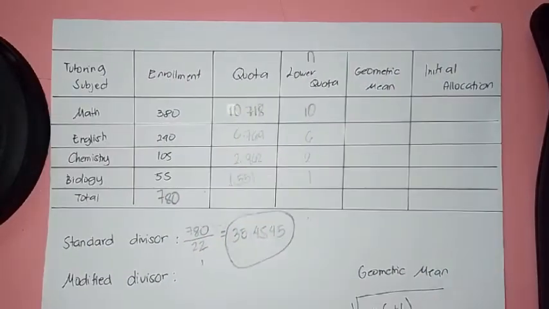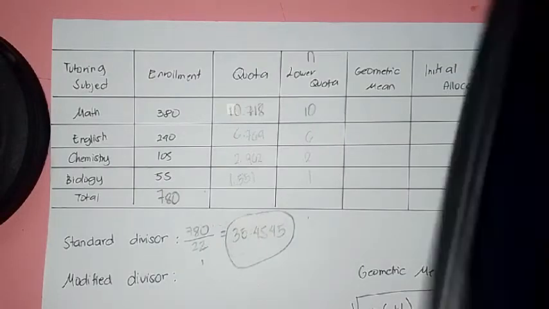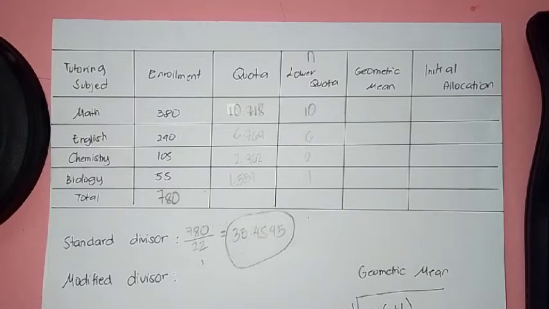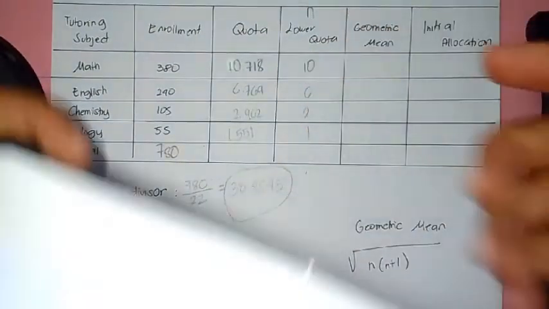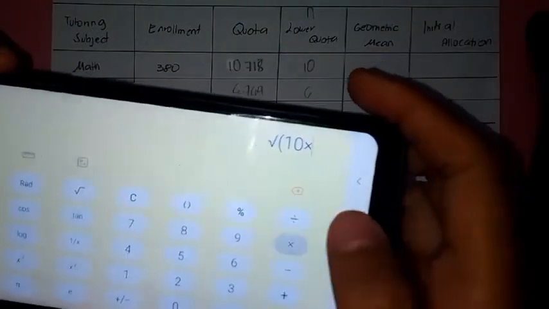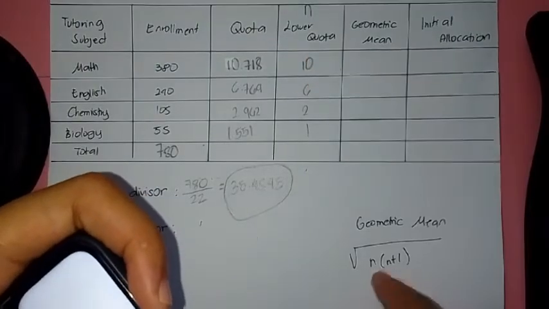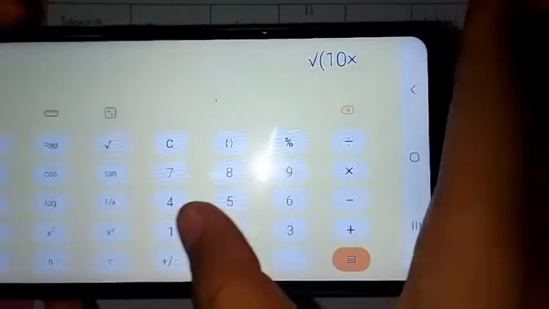So the square root of 10 times 11, since N is 10 and N plus 1 is 11. The answer is 10.488.